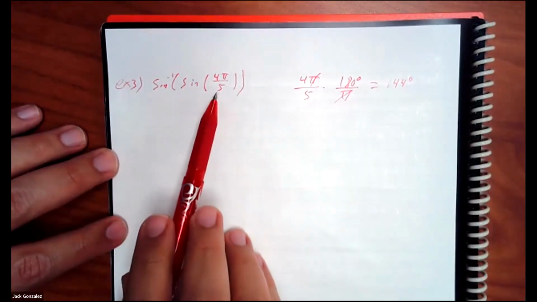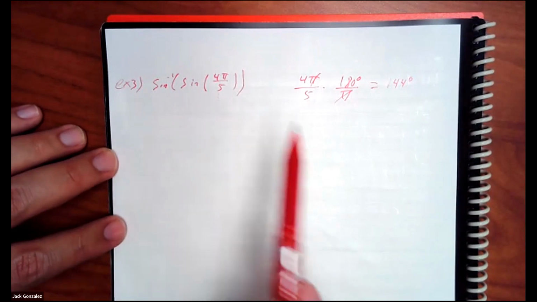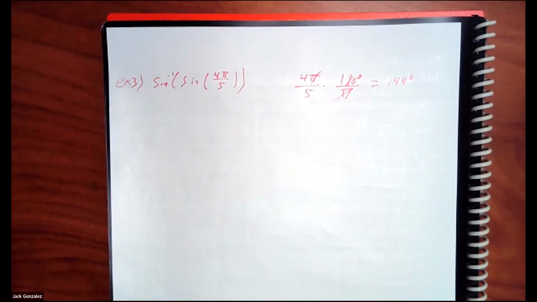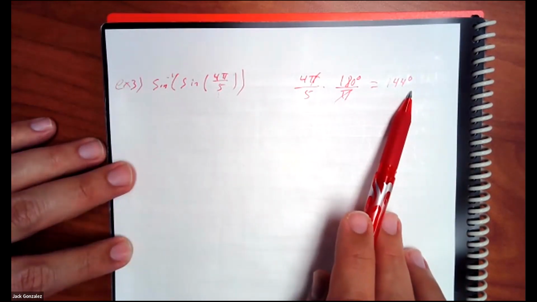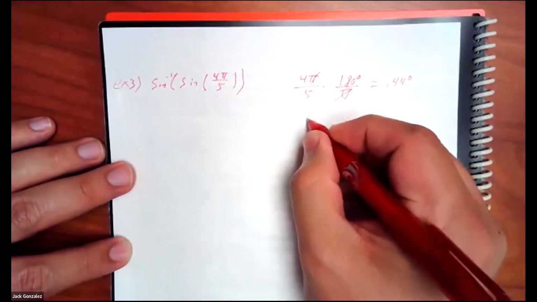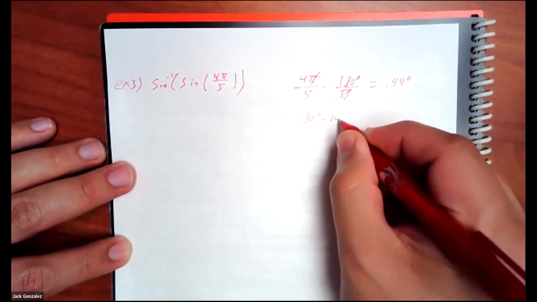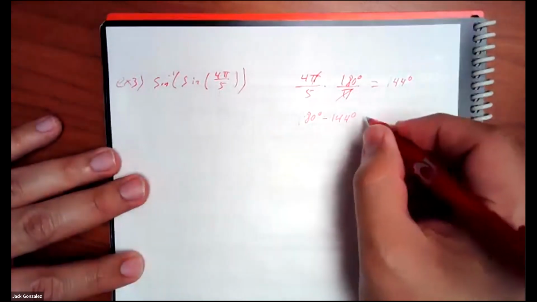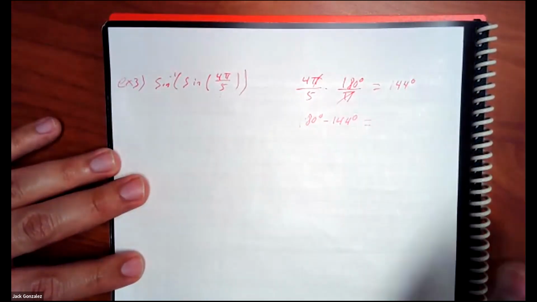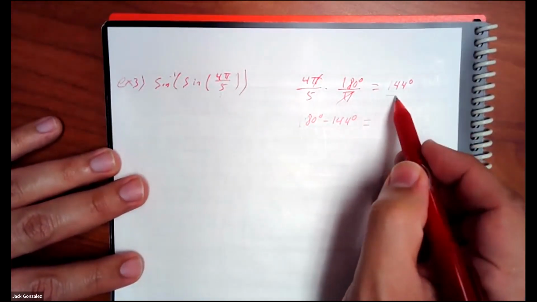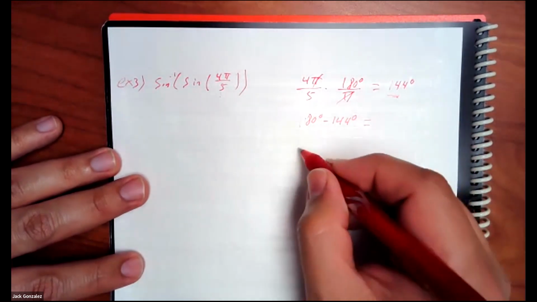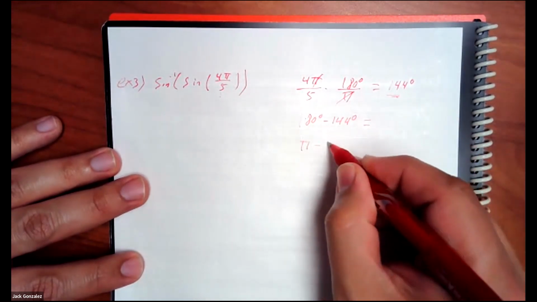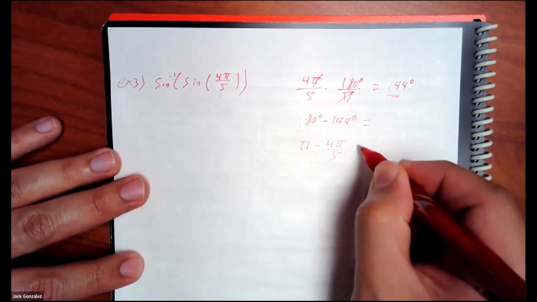So that's what this angle in here is, 144 degrees. So the reference angle would be 180 minus 144. That's where the pi fifths comes from. Since this is quadrant 2, just do pi minus 4 pi fifths, which gives you this.